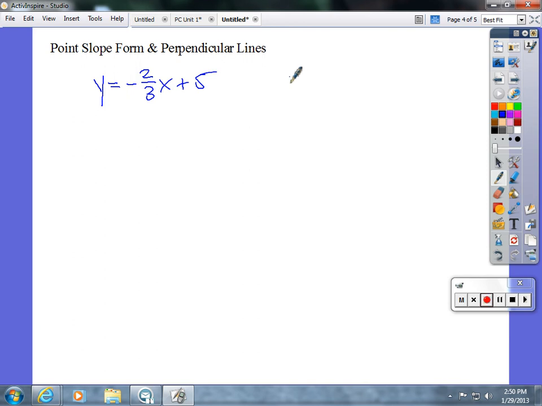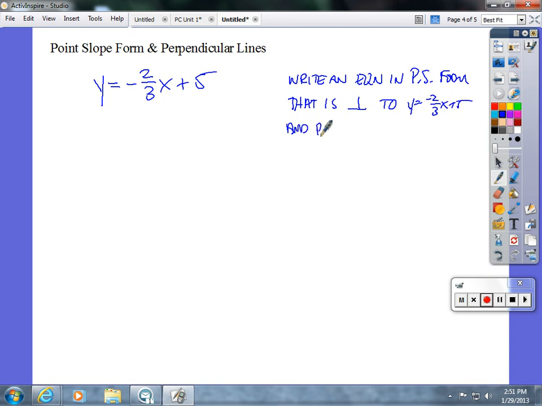And we want to write an equation in point slope form that is perpendicular to y equals negative 2/3 x plus 5 and passes through negative 3, 7.